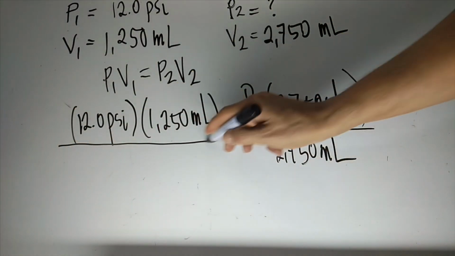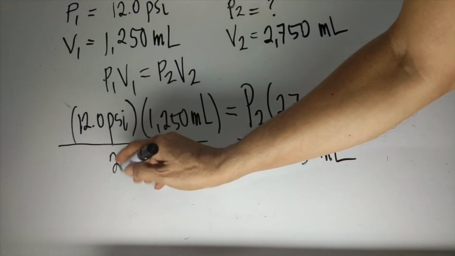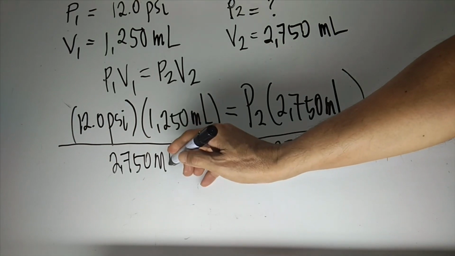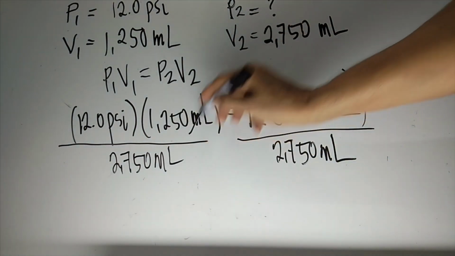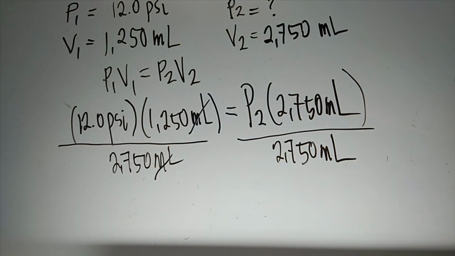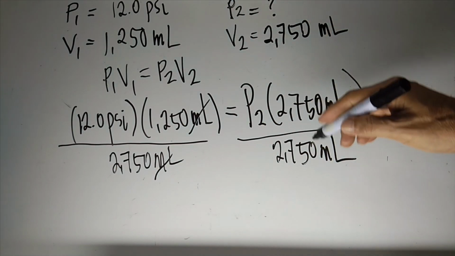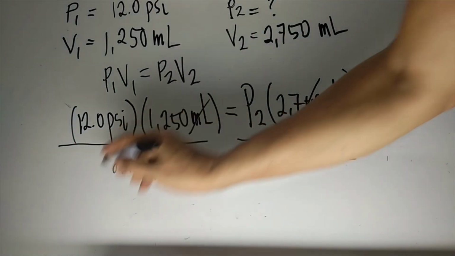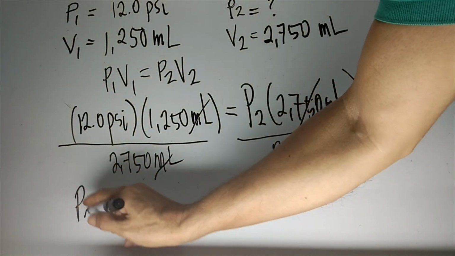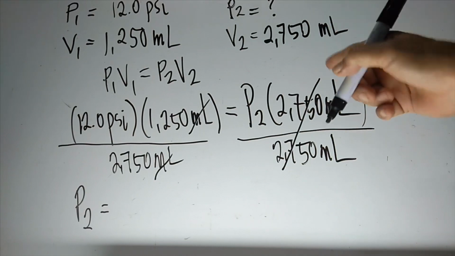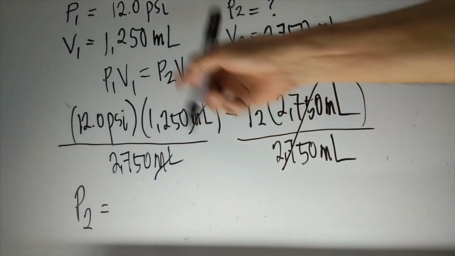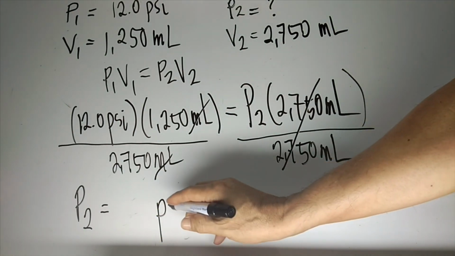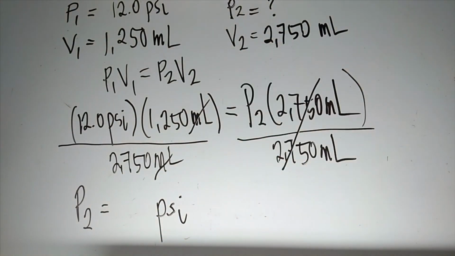Divide this also by the same value, 2,750 milliliters. So this unit will be cancelled, and this will become 1. So pressure, second condition, therefore, will be equal to, the remaining unit is pounds per square inch.